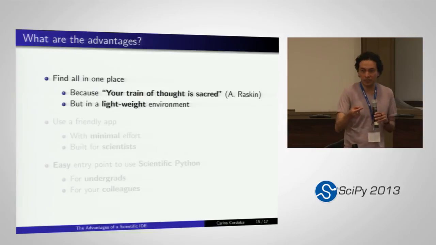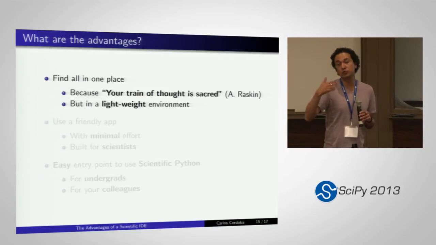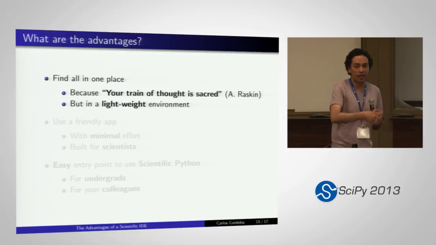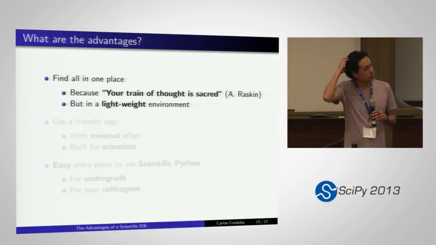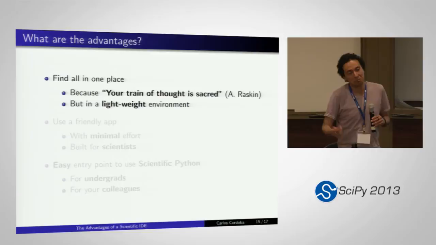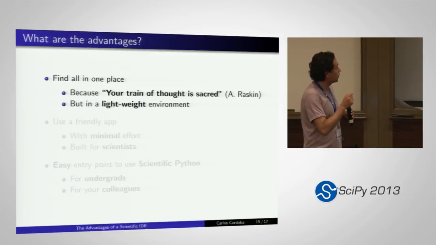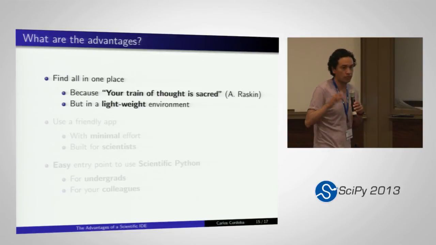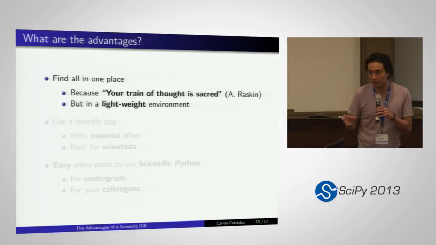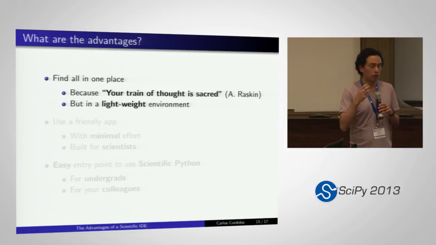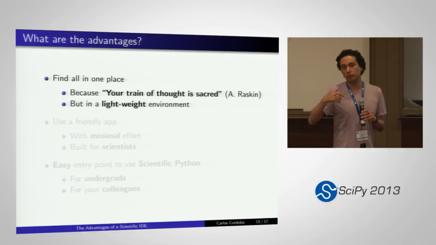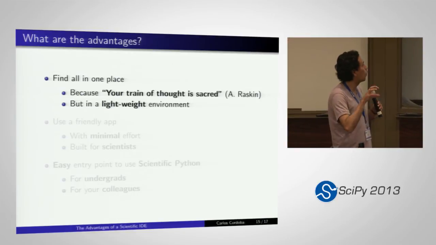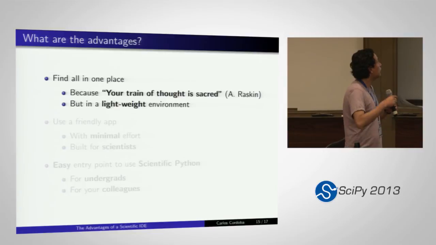Then you find a very interesting link, and you jump to that link, and half an hour later, you come back and you forget, what was I doing? So the train of thought is very important, especially for programmers, for people that do this for a living, so that they don't get derailed by distractions and can concentrate on what they want to do.